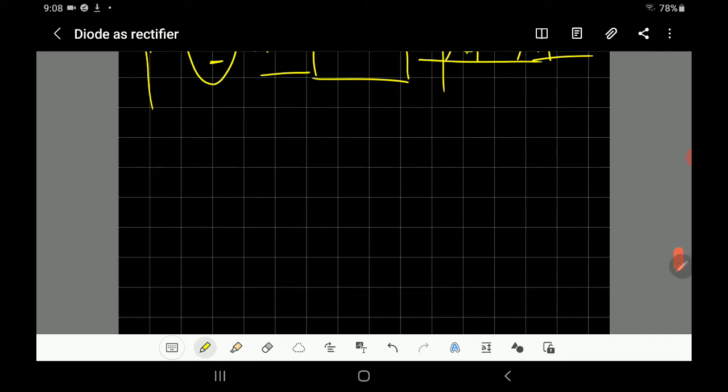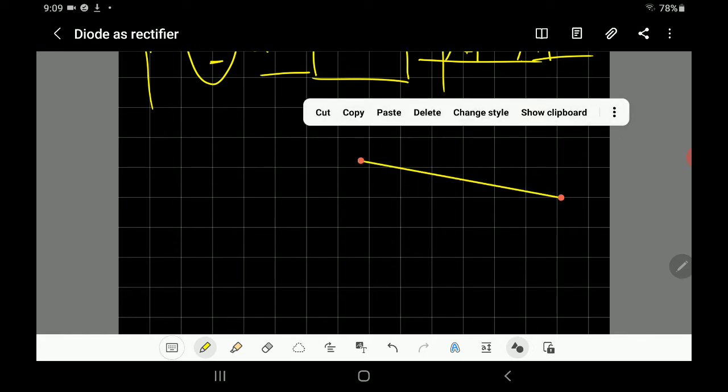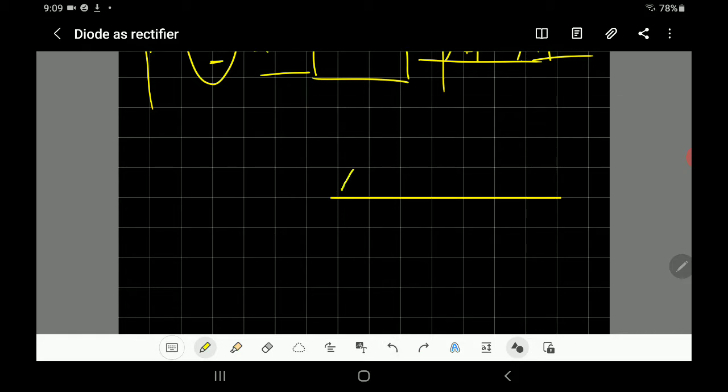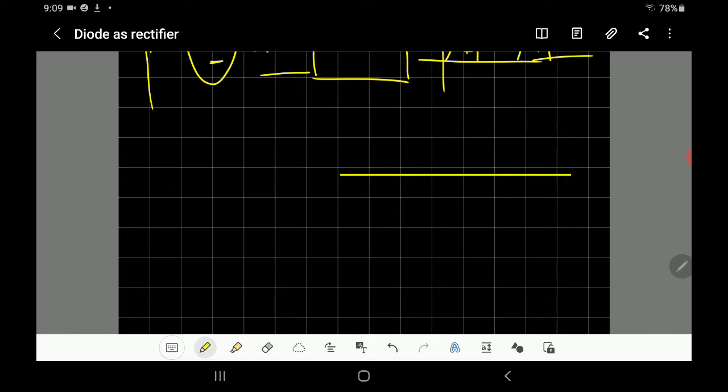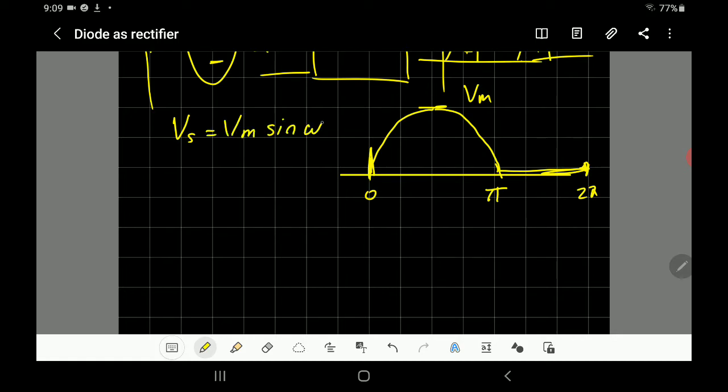Let's just take one cycle here. So the cycle starts from 0, pi, 2 pi, and that's the maximum, because the input was equal to V maximum sine omega t.